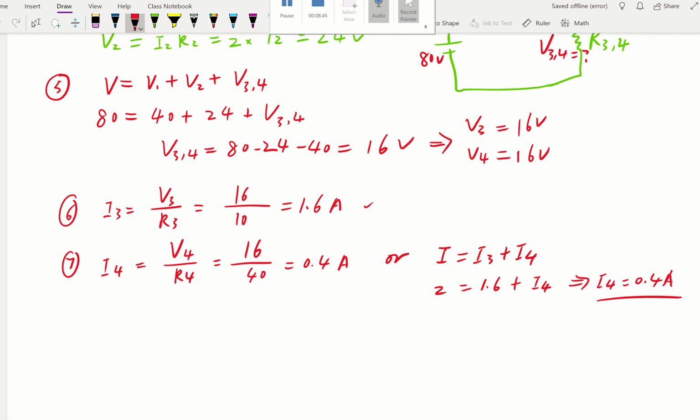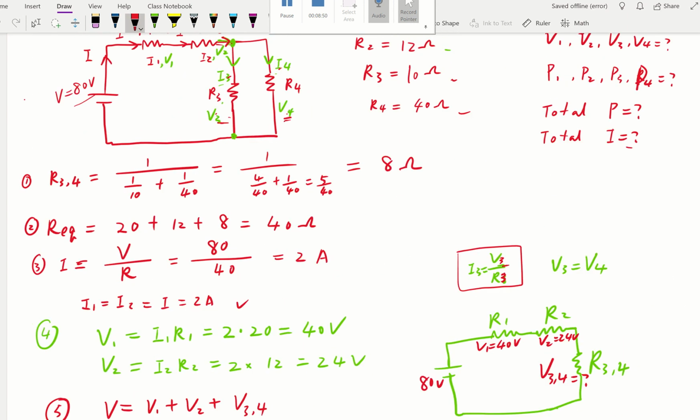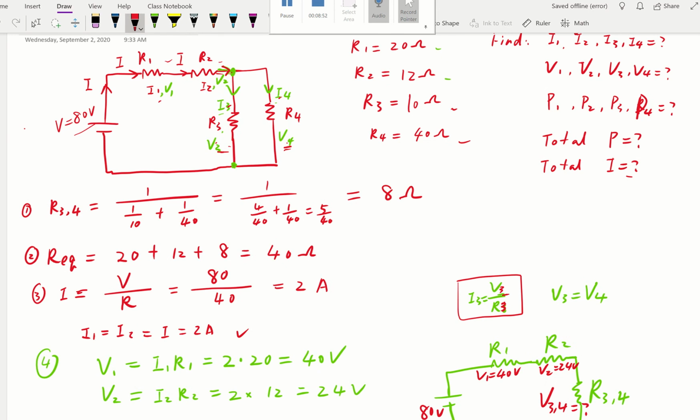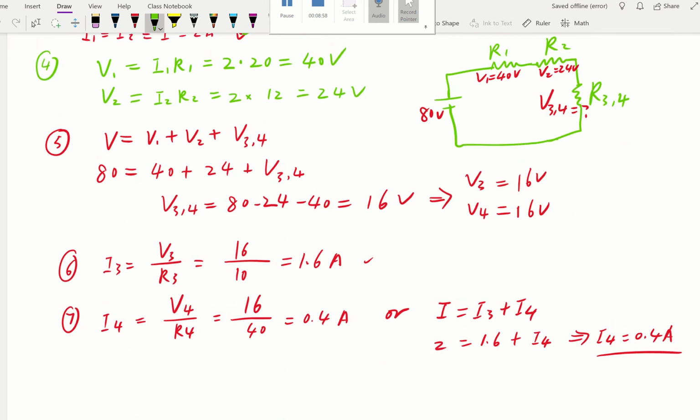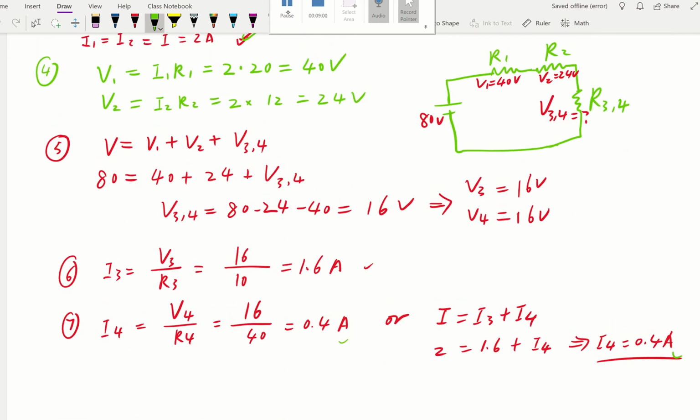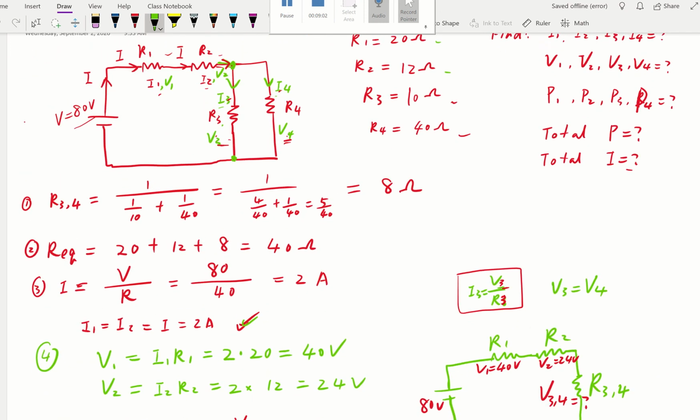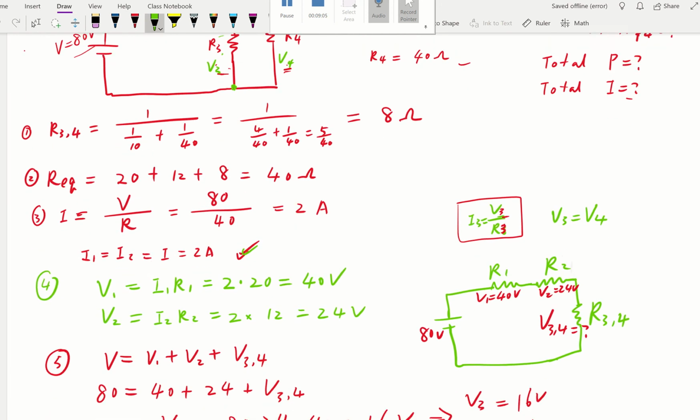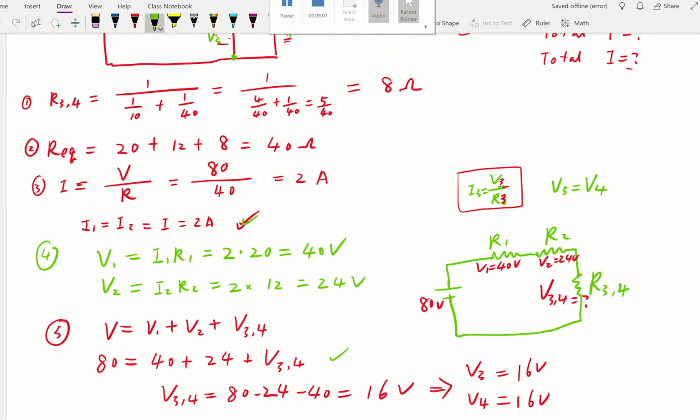Well, let's take a quick pause and see what we have gotten. We figured out I1 and I2, 2 amps here. Then we also figured out I3 and I4. We took a little detour, and it's a necessary detour because we need to find our V3 and V4. In order to find V3 and V4, we find V1 and V2 first, right?